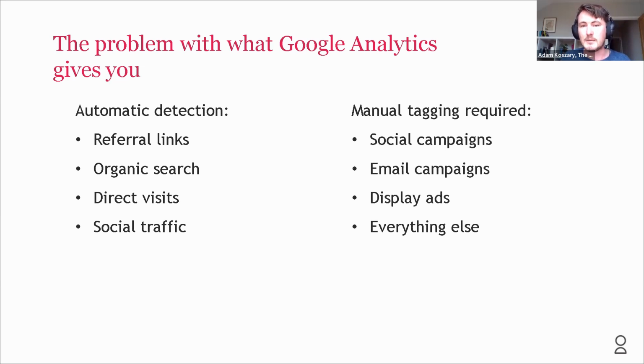So if you've run a campaign on social media with all your own posts, all of your own links, you can't separate out the data from people just finding you randomly on social media and people finding you specifically from your own social media campaigns. And the same goes for email, same goes for things like display ads, essentially everything else. So while it's useful to know how many people are finding you via these big buckets, it's more useful to know exactly how effective your campaigns are against that higher total.